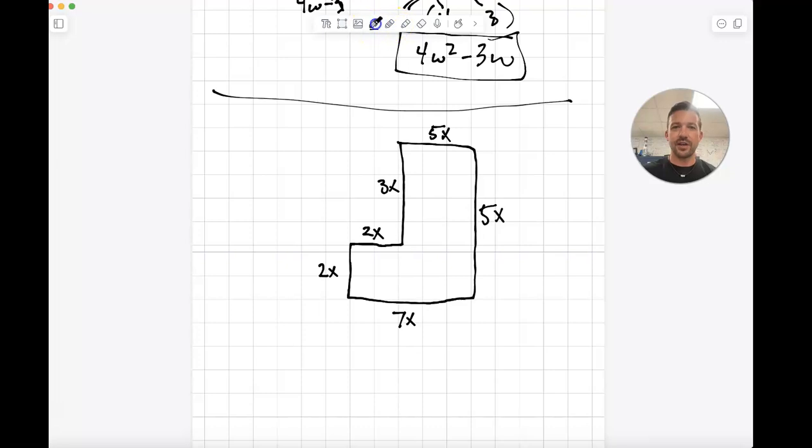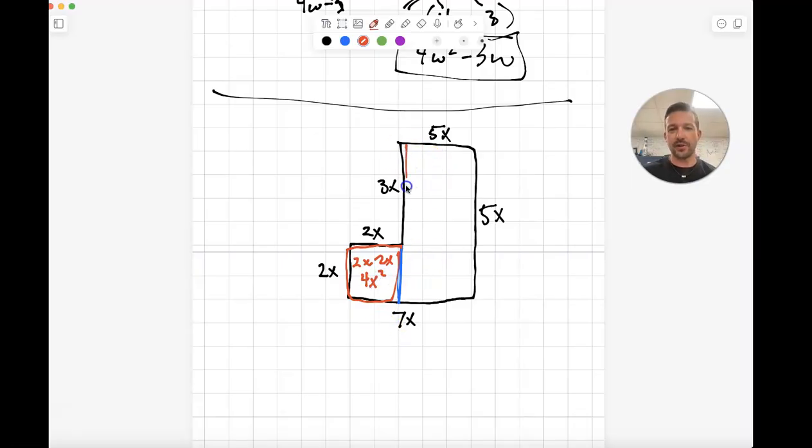Find the area. Okay, the first thing you would want to do is split this up into rectangles, which you know how to find the area of, right? Because we were just doing area. Then you would find the dimensions of those different rectangles. Like this one is 2x and 2x. So 2x times 2x, we just spoke about that, should be 4x squared.